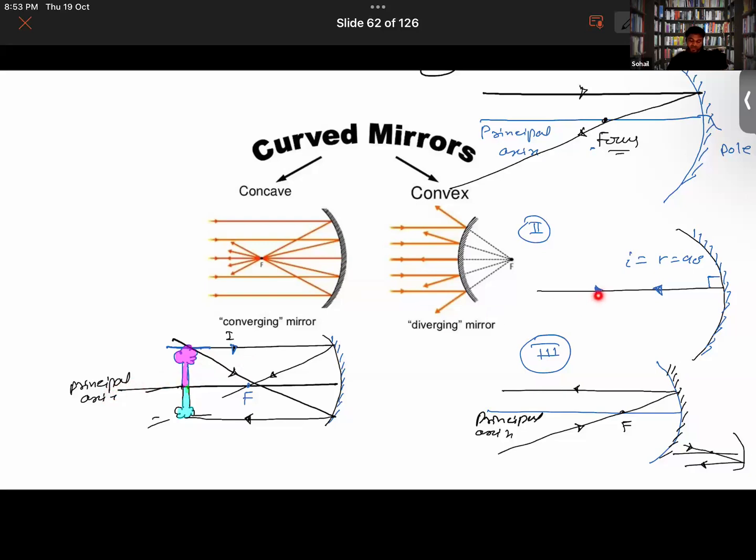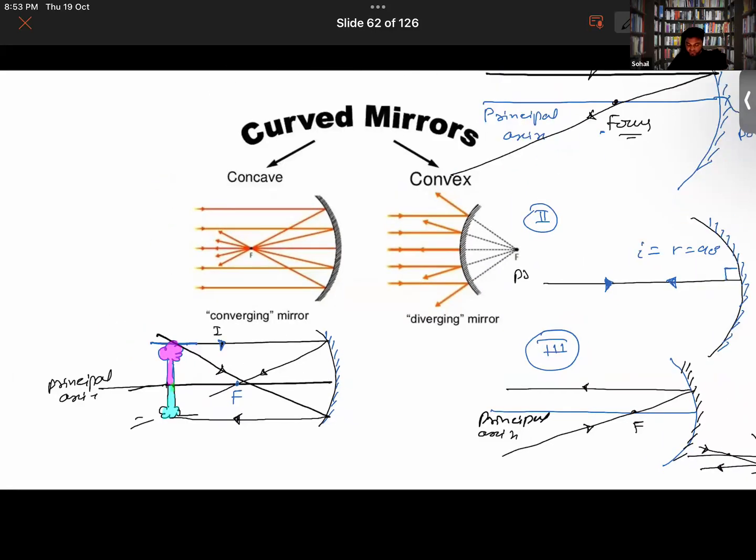When you take this line here, it is coinciding with the principal axis. Getting it? What I'm trying to say here. The line that passes from the middle of the aperture, from the middle of the concave mirror, that is actually the principal axis. And suppose the light ray is incident on it coinciding with the principal axis, then it will be getting reflected back in the same direction.